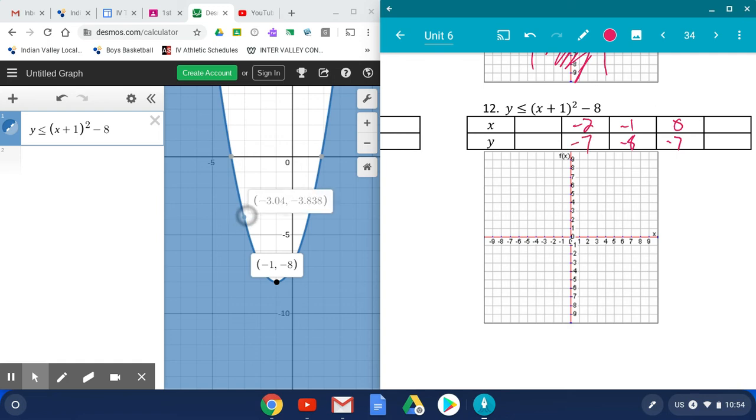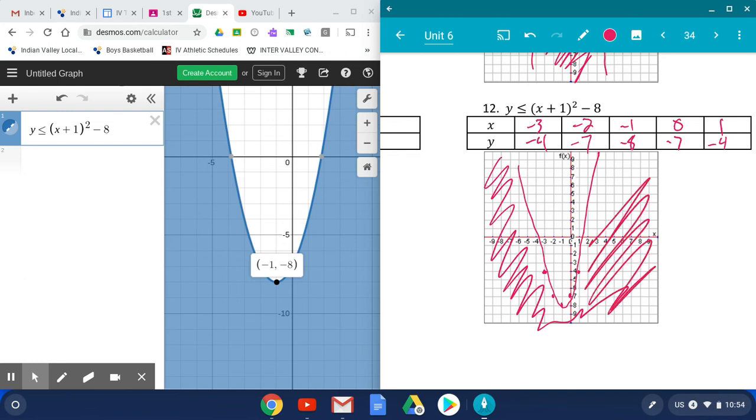And here's another lattice point: 1, negative 4, so 3, negative 4 on the other side. I've got a solid line. And this one is shaded on the outside of the parabola.